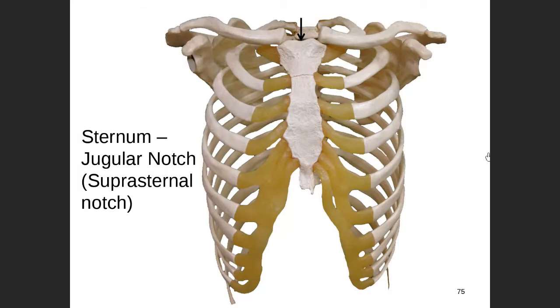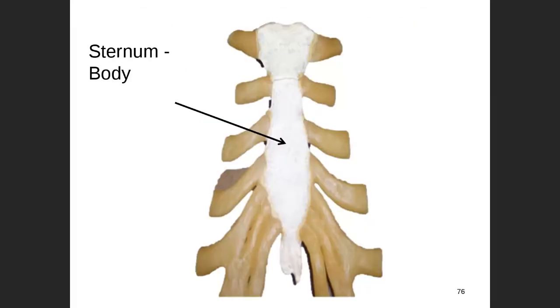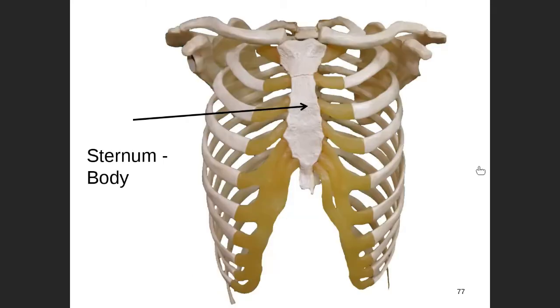Right below the manubrium, the long, skinny part of your breastbone, that's the body. And you can see it here. Here's the body. And this is where part of rib 2 through 7 will attach, or the costal cartilage, I should say, of those ribs will attach directly onto the sternum.